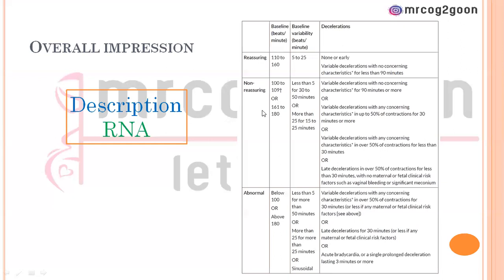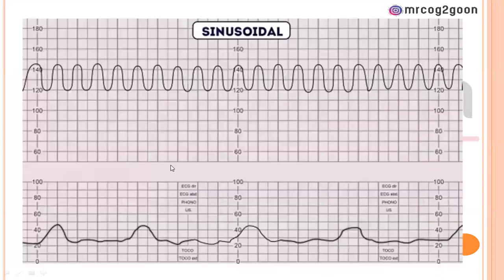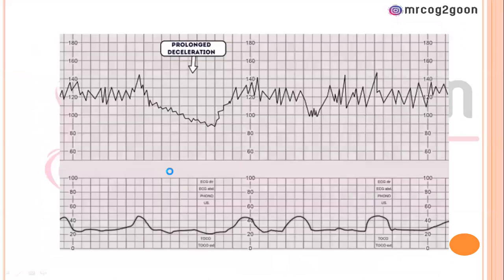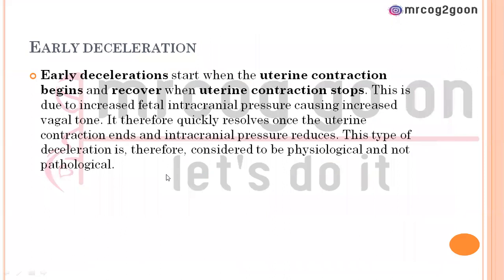Okay, so I'm sorry, I made a mistake while explaining the early deceleration. Early deceleration is usually physiological. So I'm sorry for this. Please check this point. I'm sorry, my mistake.